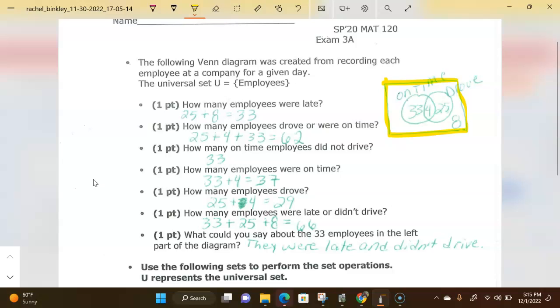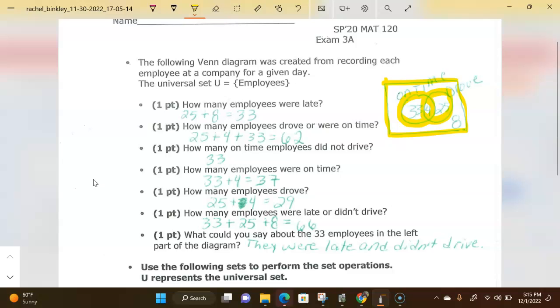Then we have one of our circles on the inside, employees that are on time. The other circle is employees that have driven to work, and they overlap. So there's 4 employees there that drove to work and they were on time, right? And then there's 8 employees on the outside of those circles. So how many employees were late?